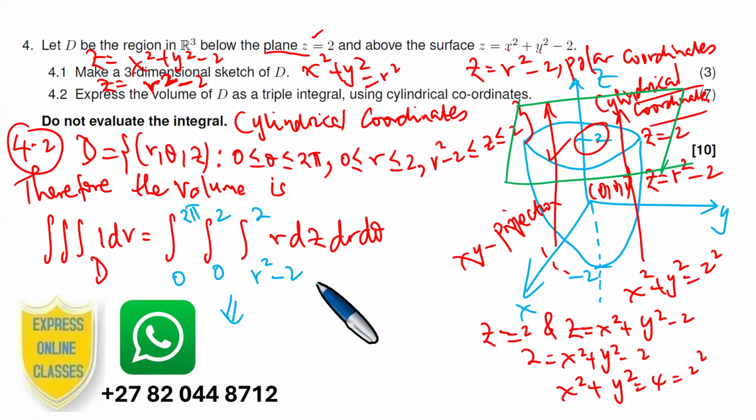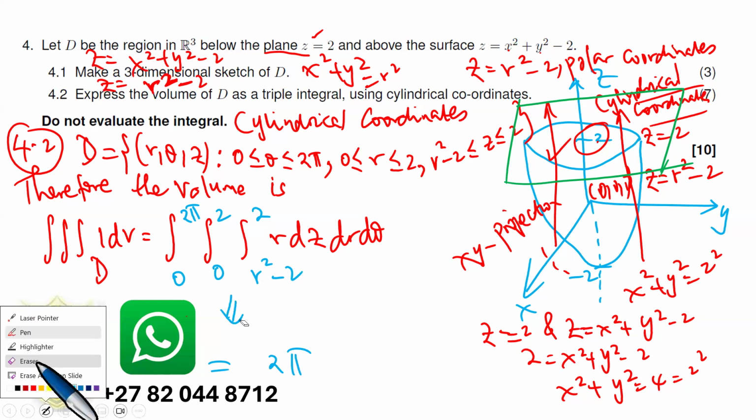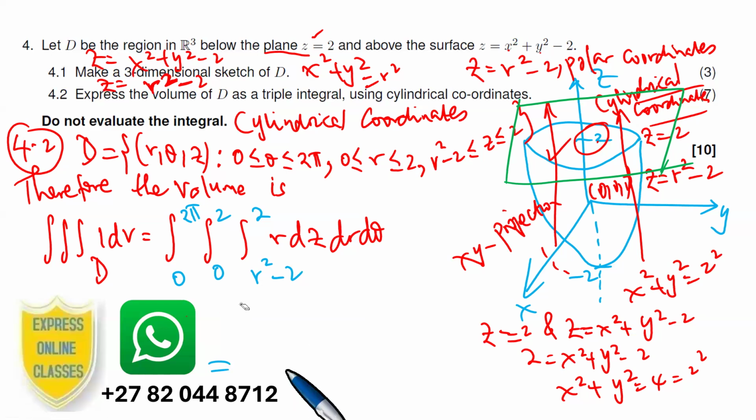But they're saying don't do it. This integral might be 20 pi or 2 pi in the end, whatever. They just wanted to see the limits of integration and everything that you've got.